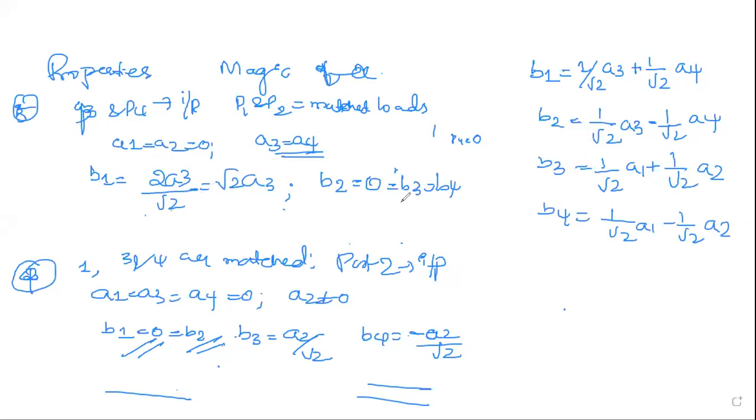So no outputs will be observed across port 2, port 3, as well as port 4. If you give identical signals for port 3 and port 4, the additive sum of that will be observed in B1. So some signal will appear in port 1. This property is called the additive property in Magic T.